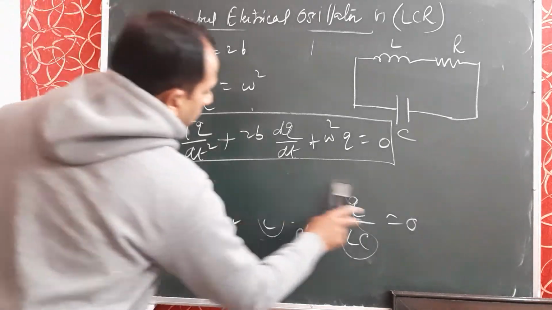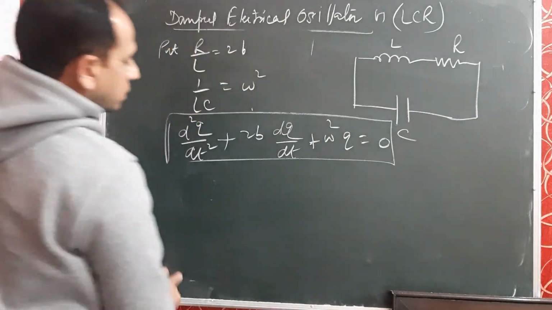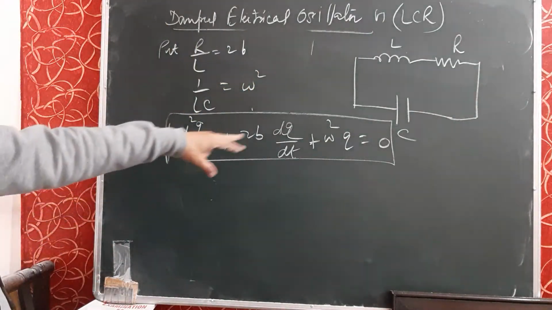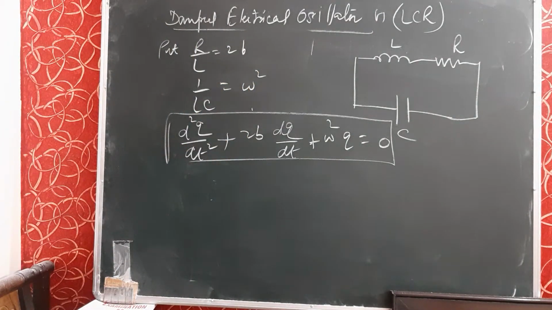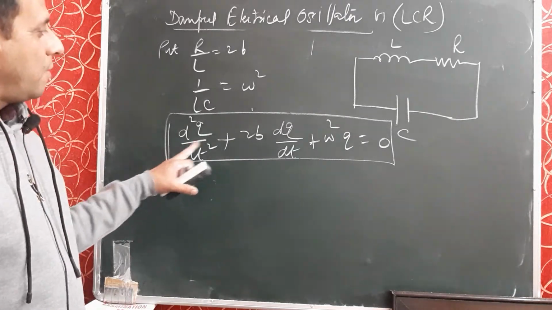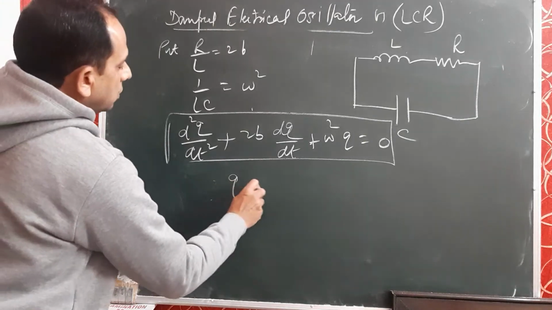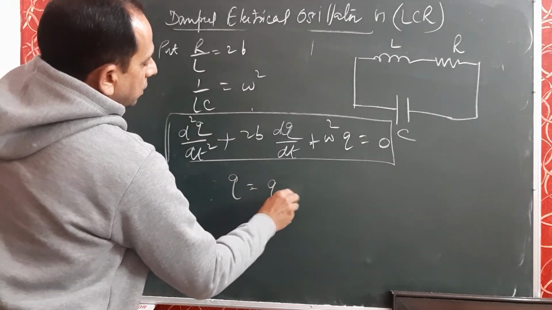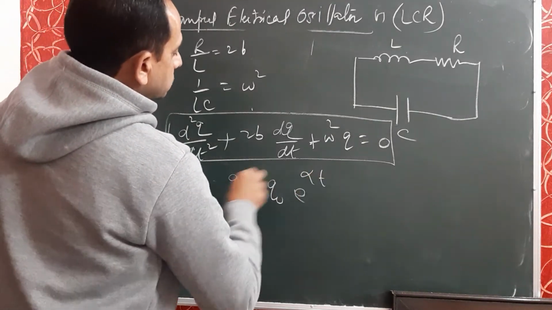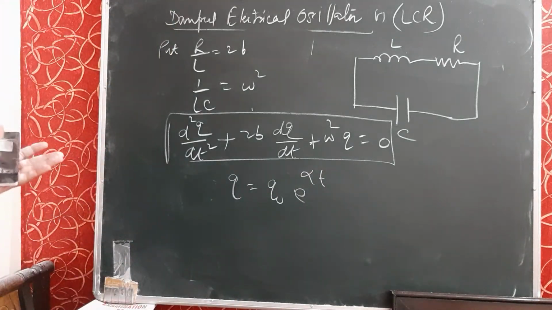If the equation is the same as the mechanical oscillator, therefore the solution of this equation is also the same. We will consider the solution q is equal to a constant into e power alpha t, and we will follow the same steps as we followed in the mechanical oscillator.